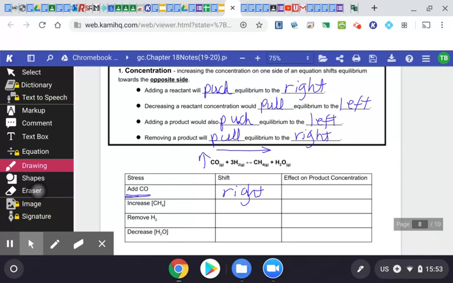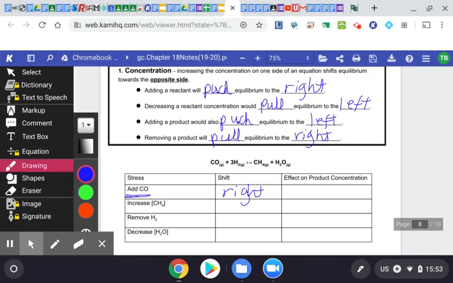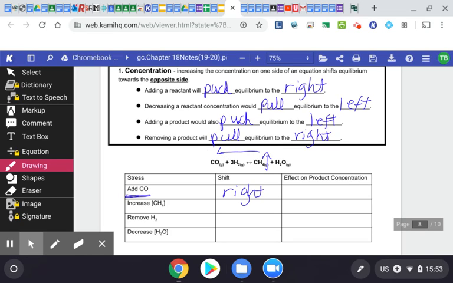If I increase methane, which is CH4, that means now I'm increasing this substance. It's going to push it to the opposite direction. If you increase something, it pushes it to the opposite side. So it's going to push it to the left-hand side.